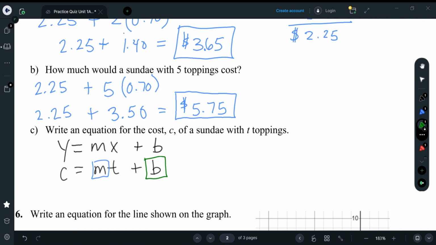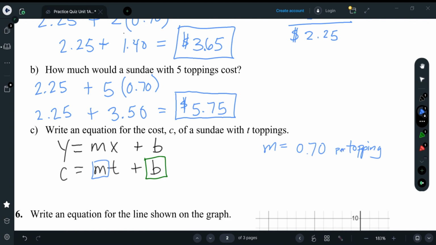Or in other words, it's the one that has units with the word per, right? If you think about the word per, that's the giveaway that you have a slope. And what would that be here? It would be the 70 cents per topping. Right, 70 cents per topping. This is going to be our slope, okay, per topping.